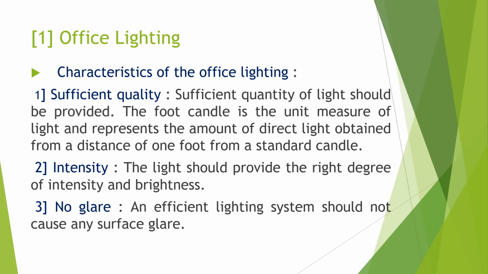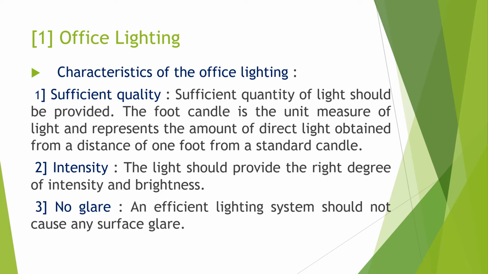Second point is intensity. The light should provide the right degree of intensity and brightness. Light should well diffuse the workplace and not cast any shadows. It should also be spread uniformly over all parts of the working surface.